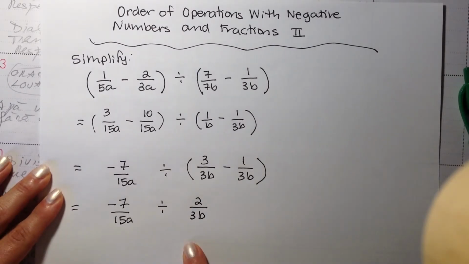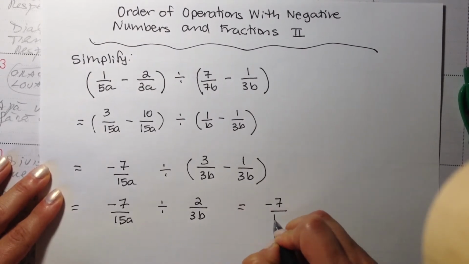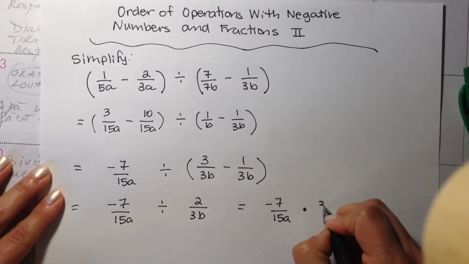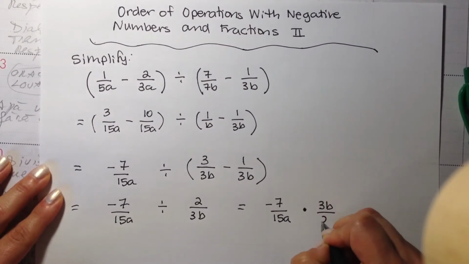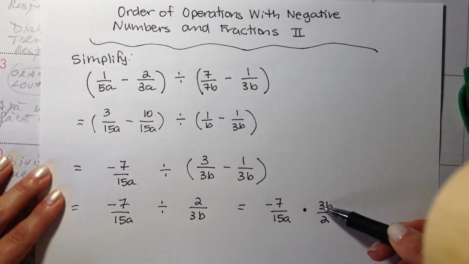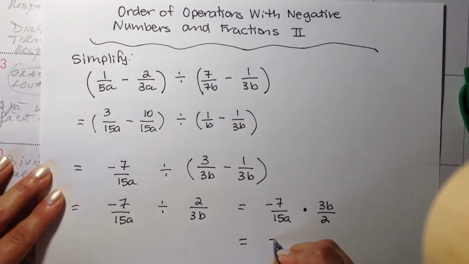And remember, when you are dividing fractions, we recopy the first fraction and we multiply by the reciprocal of the second fraction. And then we look at our problem carefully and notice that we can reduce the 3 and the 15. And so if we do that, we get negative 7.